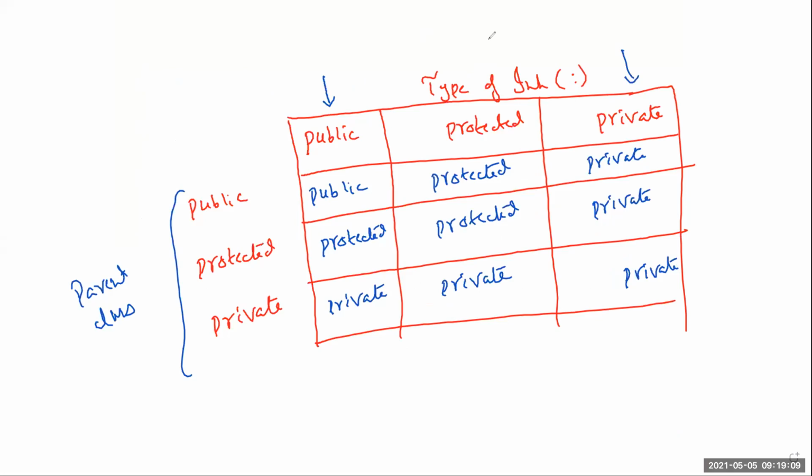So that we develop a good understanding. So maybe I can just take a class, any class, say I call it A. And within this class, we take one data member of every type, right?